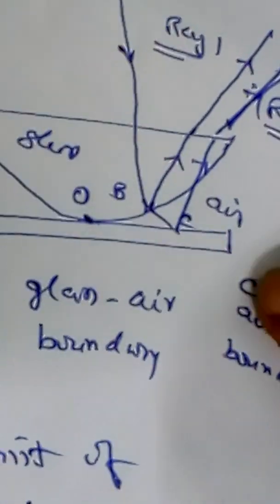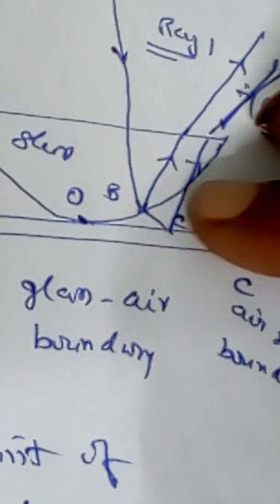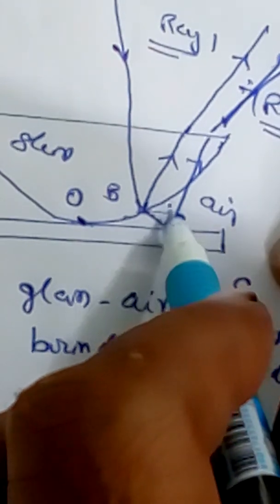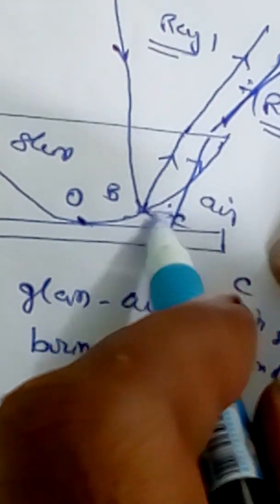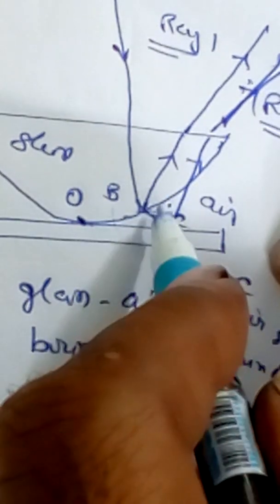What does it mean? Look at here. Suppose I have taken an area. So here the film thickness is common. Everywhere I take, thickness is same. When I take same thickness points, and if I try to join all of them, they all lie on a circle.